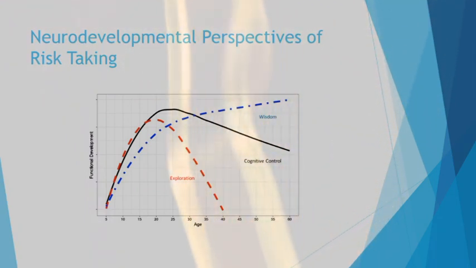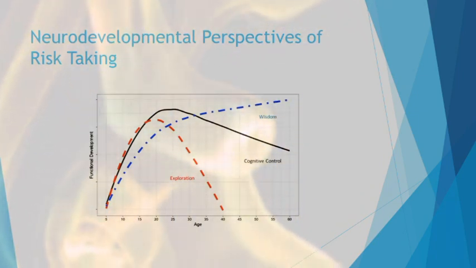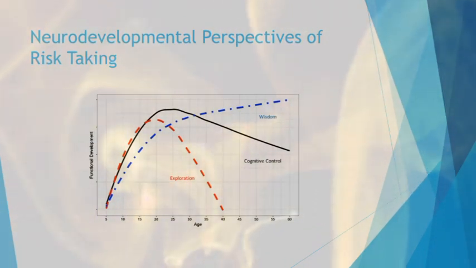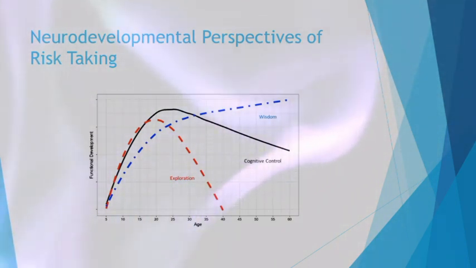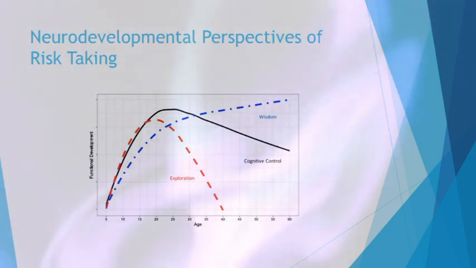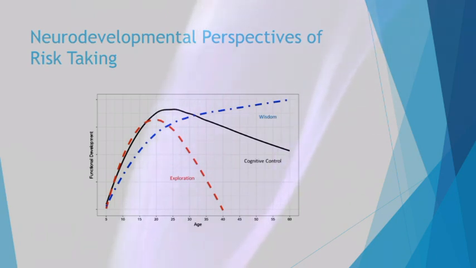And when you have fluctuations in neurotransmitter systems during adolescence, this too can lead to risk-taking behaviors as well as susceptibility to peer influences. And then you have the hormonal changes. For example, the increase in testosterone levels is also going to contribute to heightened risk-taking tendencies.